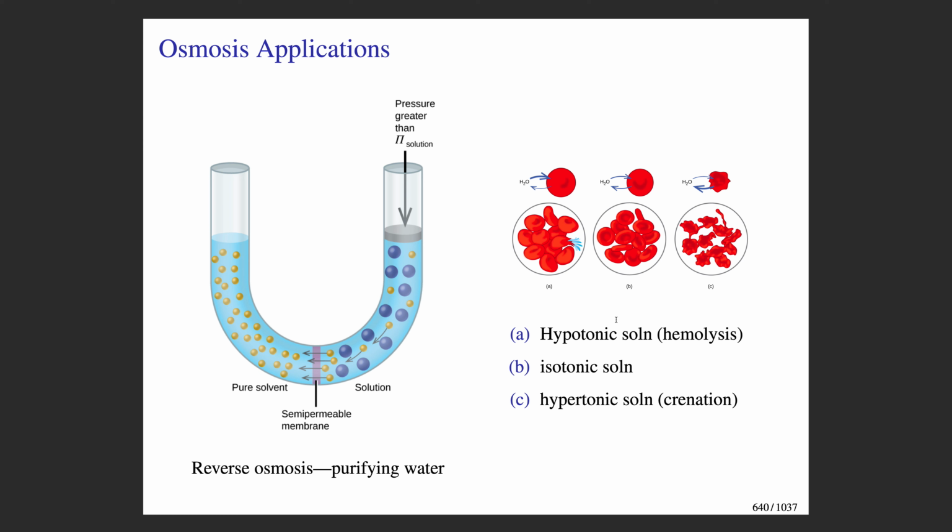In biology, you have probably seen a cartoon like this before. In order to have a healthy cell, you need the concentration of the electrolytes inside the cell to match the concentration of electrolytes outside the cell. We say that the solution is isotonic in that case, and the cells are healthy.